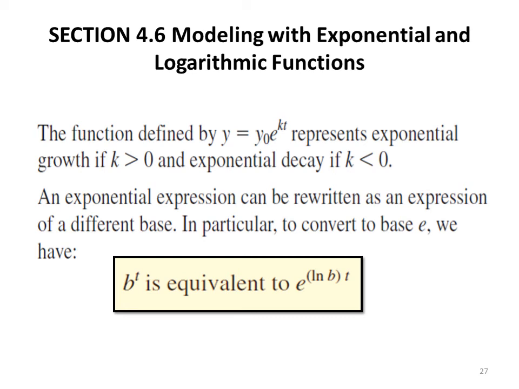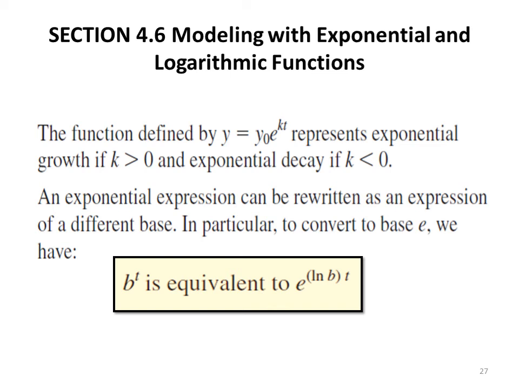This is now a positive number times t, so it will be an increasing function. That's why we call it exponential growth. If the power k is negative, then this will be a decreasing function. As t increases, with a negative power, the function will decrease. In this case we call it exponential decay.